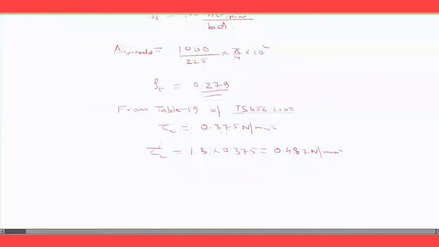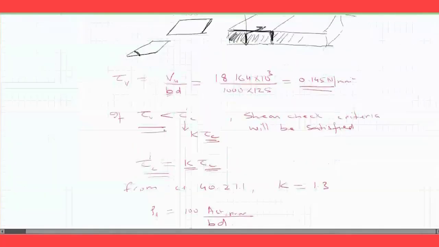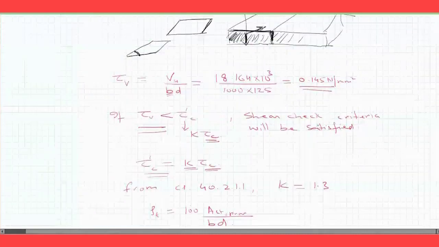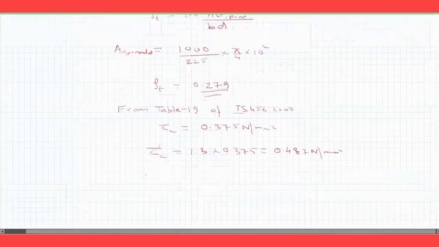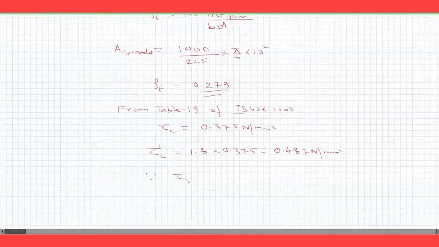Since this condition is satisfied, since tau v is less than tau dash c, it means the slab is safe in shear. So I can write, since tau v is less than tau c, and also tau v is less than tau c max also.